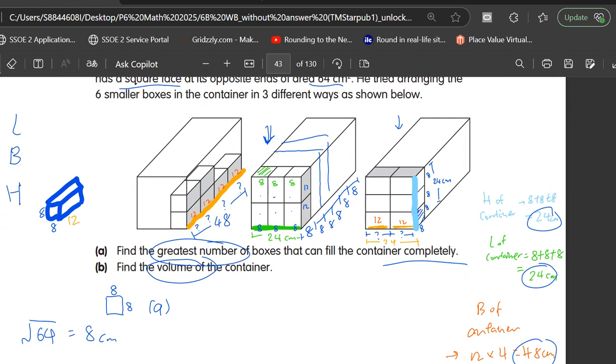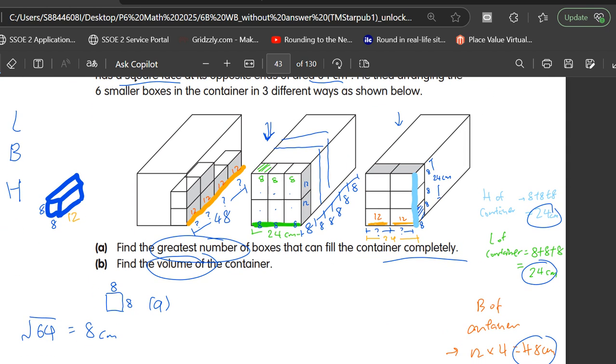So for A, 1 layer is 6 boxes. 48 is the length. Divide by 8 centimeter, I get 6 layers. So total number of boxes is 6 times 6, 36.